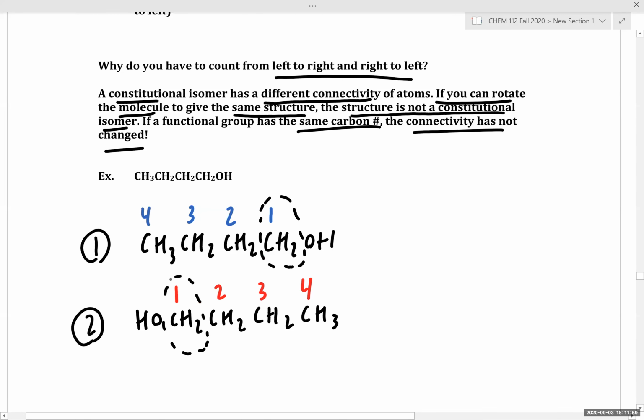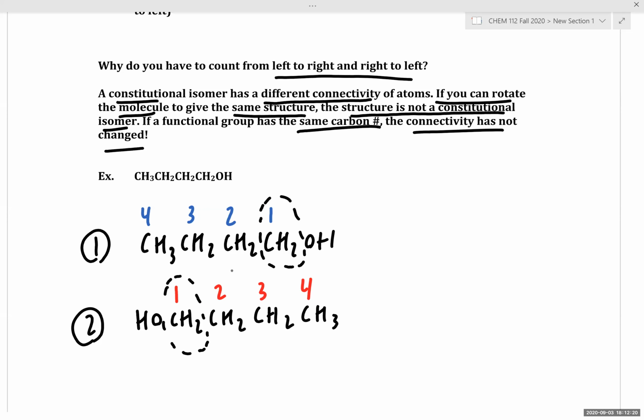As we can notice, if we look at the carbon attached to our alcohol, is the number the same or different? It's the same. And the number is the same for all of our other carbons as well. So these two structures are just rotated versions of each other.